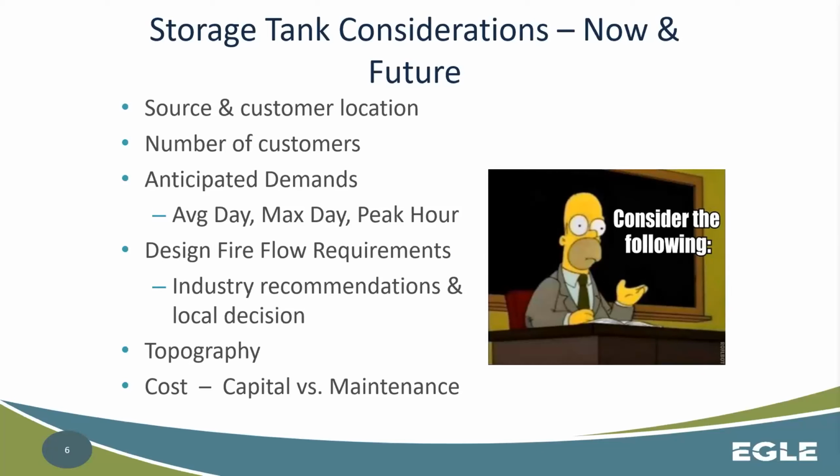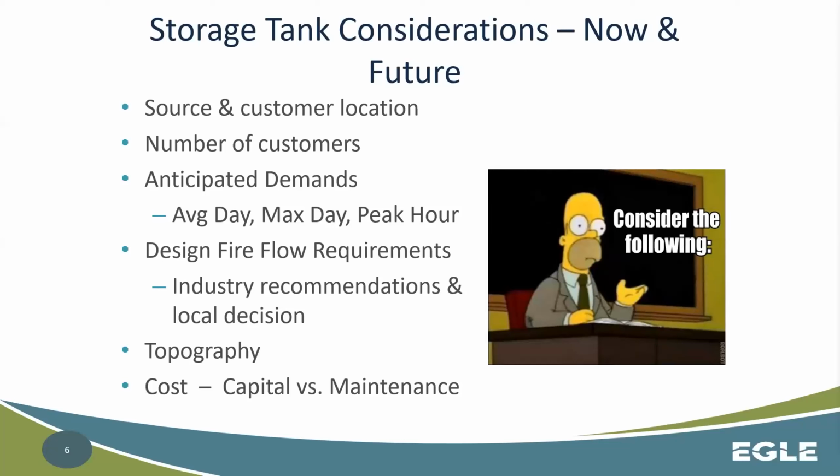Okay, number of customers, and this plays into that second bullet point, anticipated demands. So how many customers do you have? What's the expected amount of water usage from those customers? Are you basing the design of your tank on average day, max day, peak hour, those types of things you can consider?